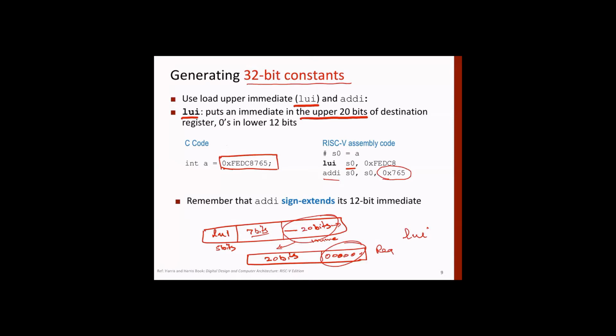No. Basically, it looks at the instruction. The LUI instruction will have some immediate field. Basically, it will contain some constant that we have seen here, right? 20 bits of constant is there. That you will have defined in the LUI field. So LUI is an instruction which says load upper immediate.